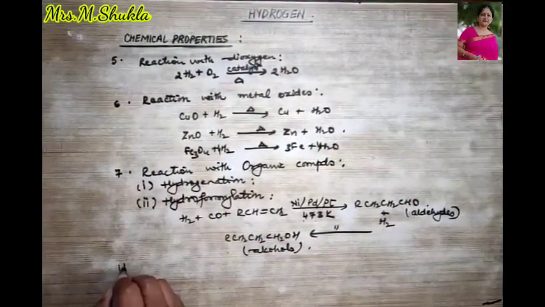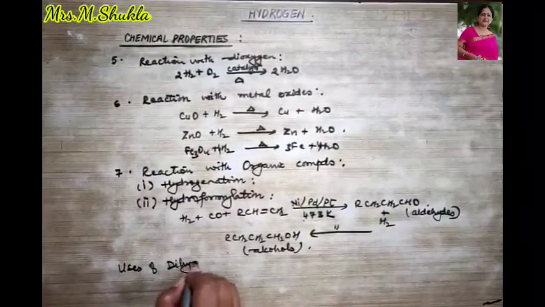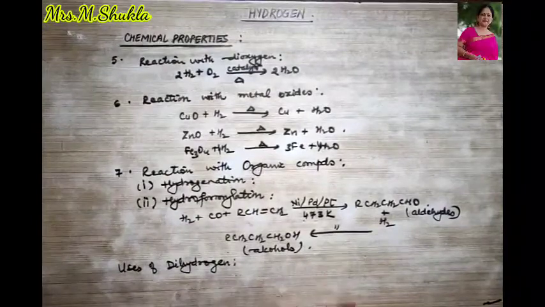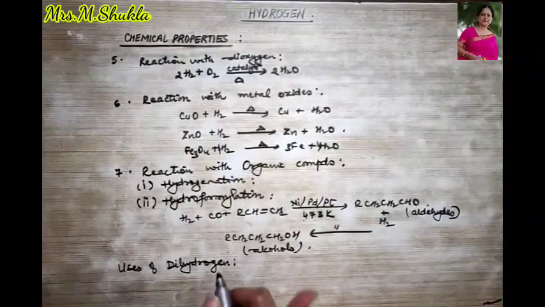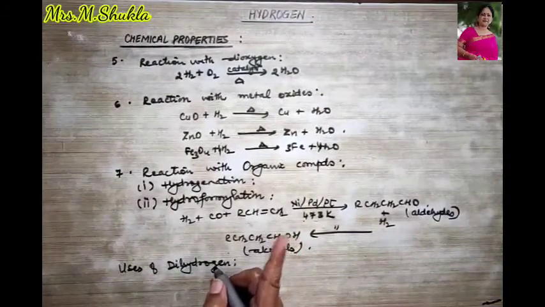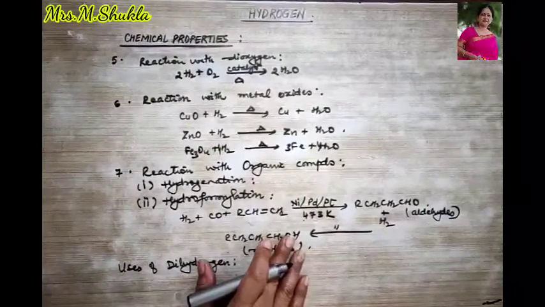Now let's talk about the uses of dihydrogen. What are the uses of dihydrogen? So firstly, in the synthesis of ammonia, which is used for the manufacture of nitric acid or even the nitrogenous fertilizers.